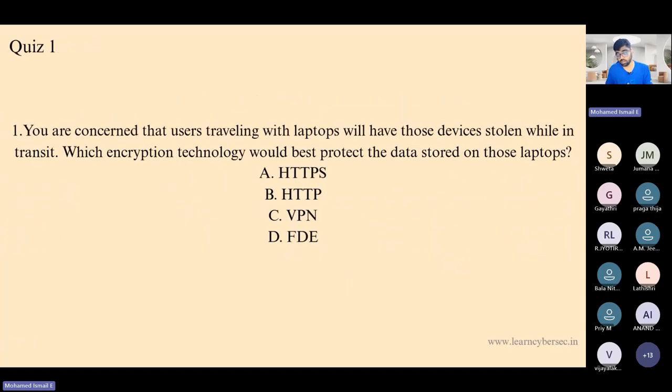All right, now quiz time. You are concerned that users traveling with laptops will have those devices stolen while in transit. Which encryption technology would best protect the data stored on those laptops?